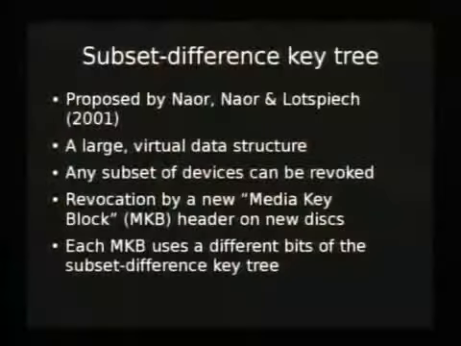So when you get a new disk that's published this year, that's revoked all of the leaked keys from last year, it will be updated to ensure that only the people who haven't been revoked can play the new disk. So you can always play old disks with old leaked keys, up to some things that I'll talk about later. And every media key block, MKB, uses different parts of this huge tree of keys.